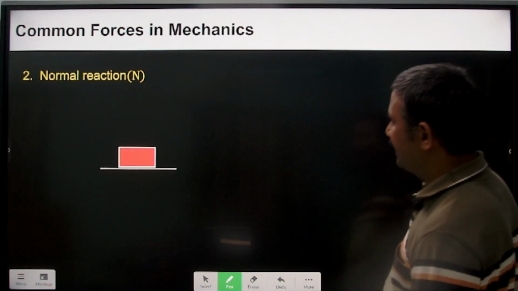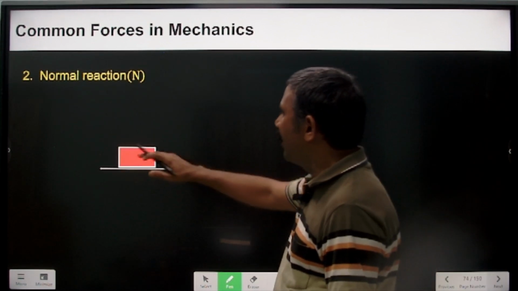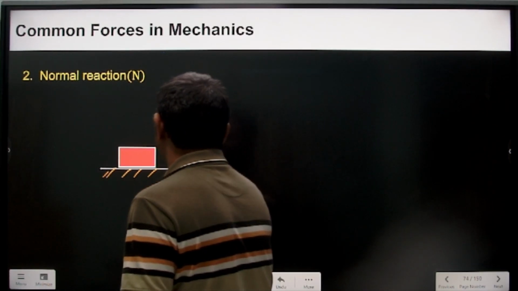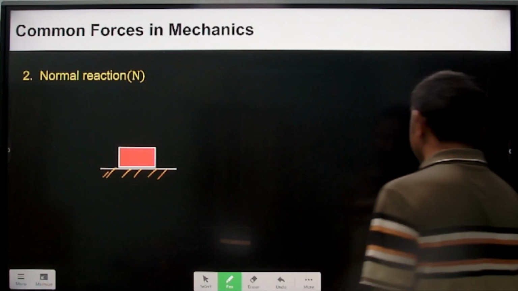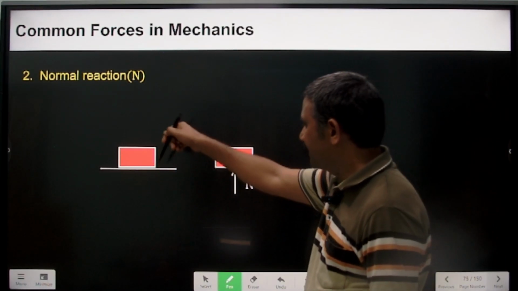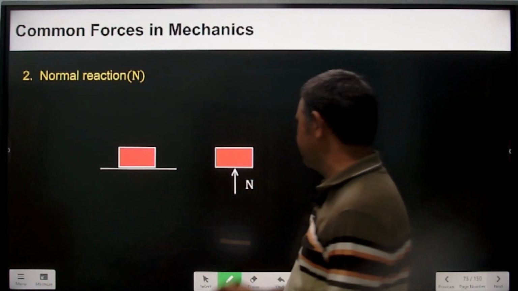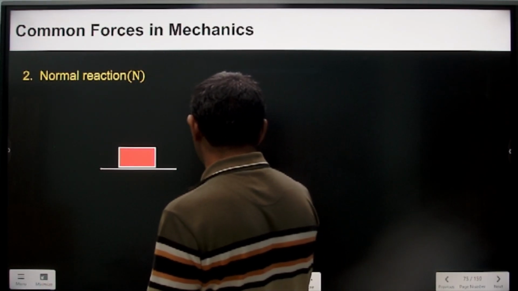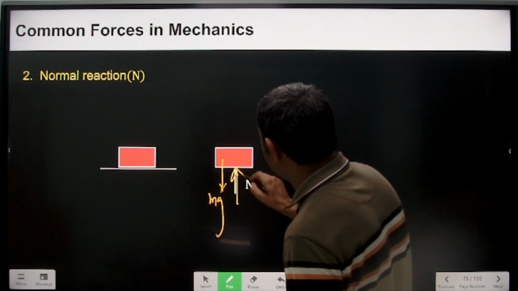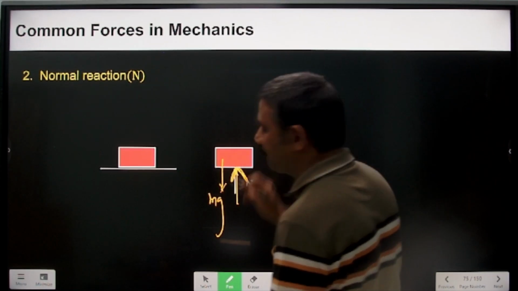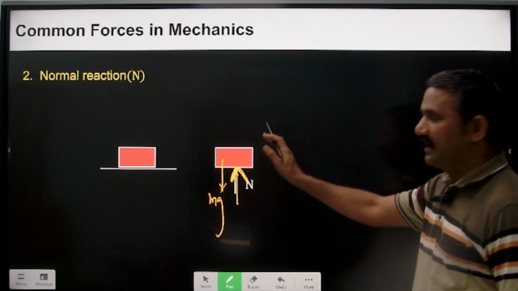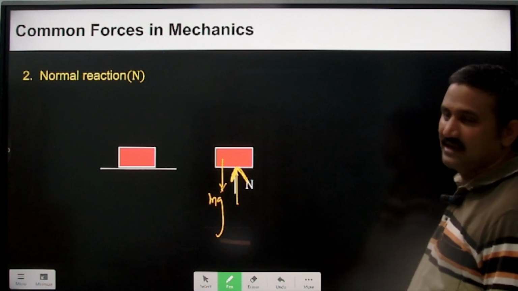And next, similarly, an object is placed on the surface of the earth. Then what will happen here? The weight of the object is acting vertically downward, and the surface exerts a pushing force in the upward direction. That force is called the normal reaction.